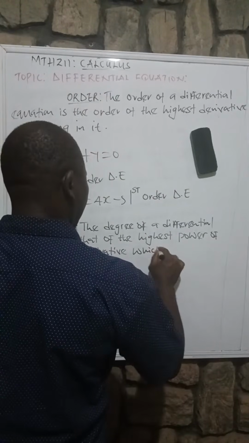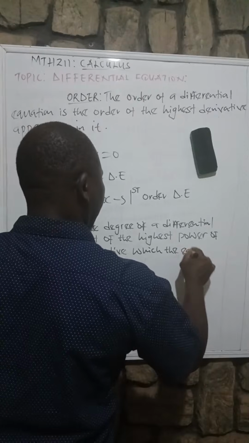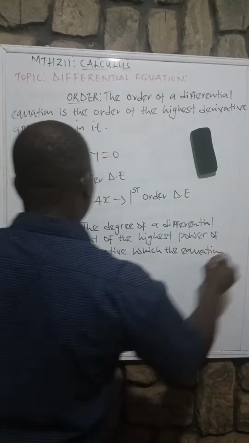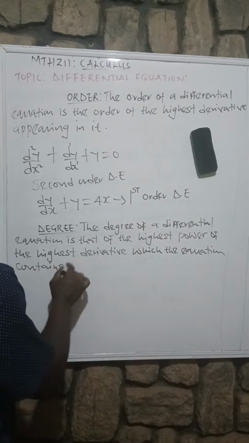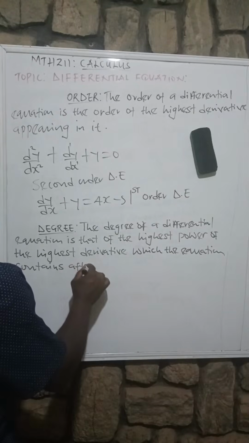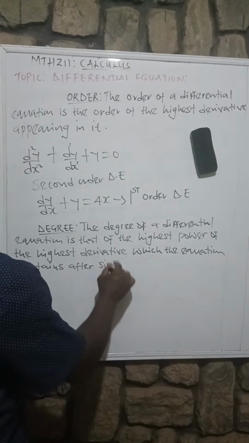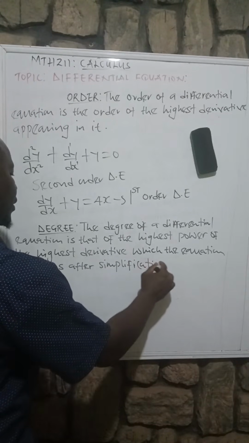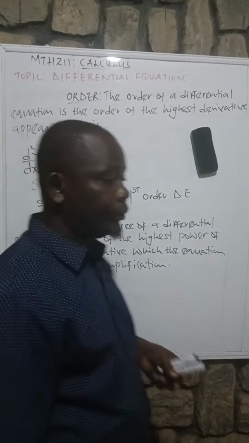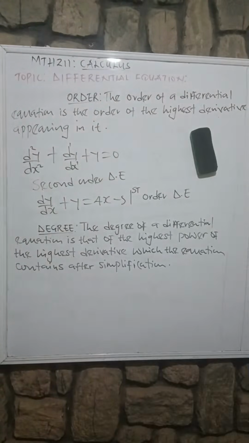Derivative which the equation contains after simplification. Okay. So we'll fix idea with example how we can identify a degree of a differential equation.